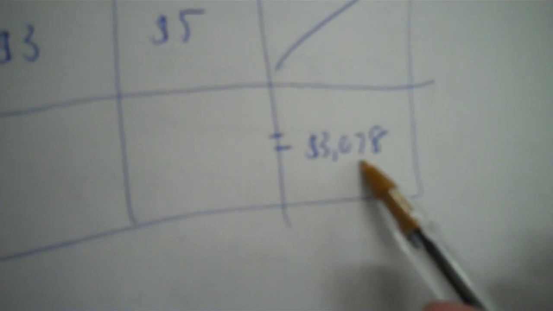So then to get to these values here, $3,078 is my total. That's from selling X number of student tickets, and then times 3. So X times 3 is 3X. And then Y times 5 is 5Y.